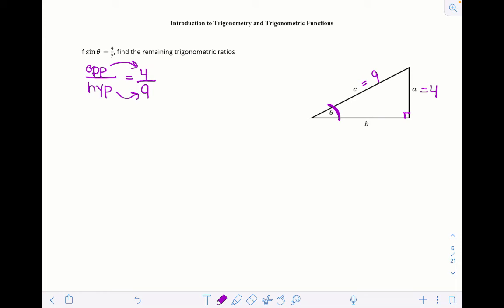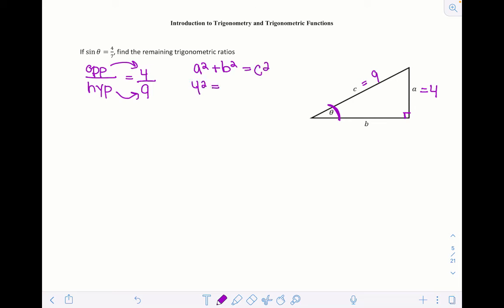Now, if we only have two sides of our right triangle, to find the missing side, which is what we're going to need to find the rest of the trig functions, we're going to use the Pythagorean theorem. A squared plus B squared is equal to C squared.